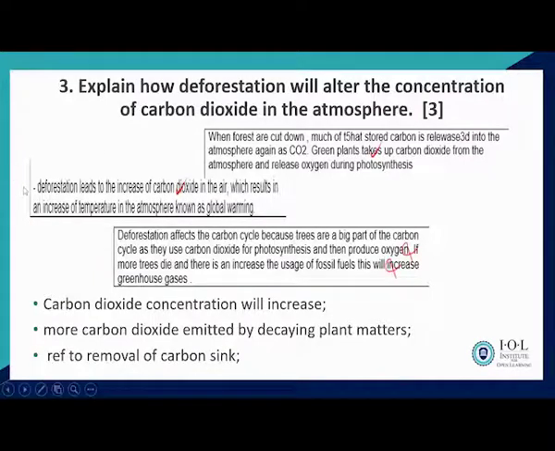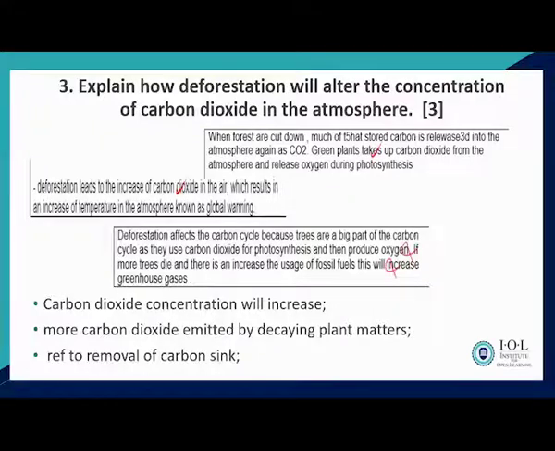Response number 2, deforestation leads to the increase of carbon dioxide in the air, in the atmosphere, which results in the increase of temperature in the atmosphere known as global warming.